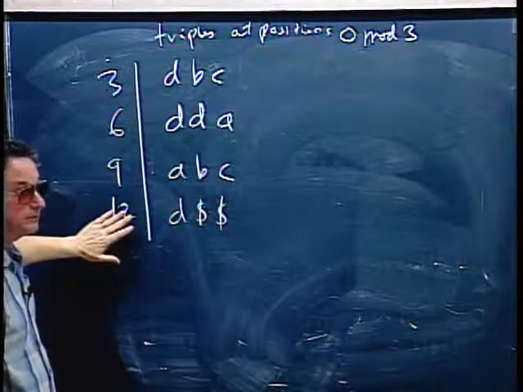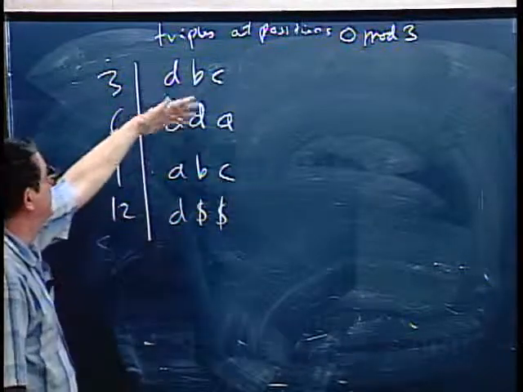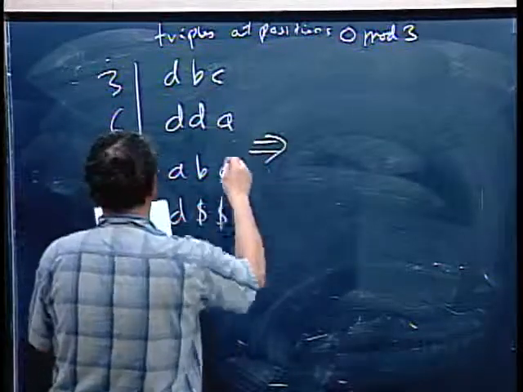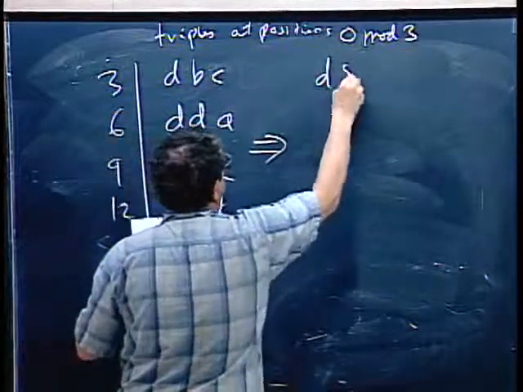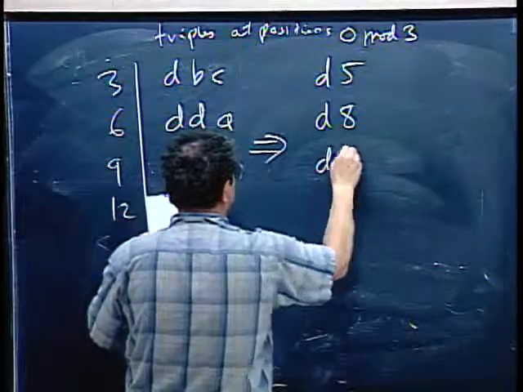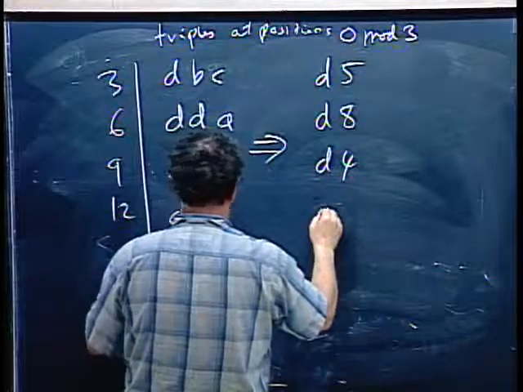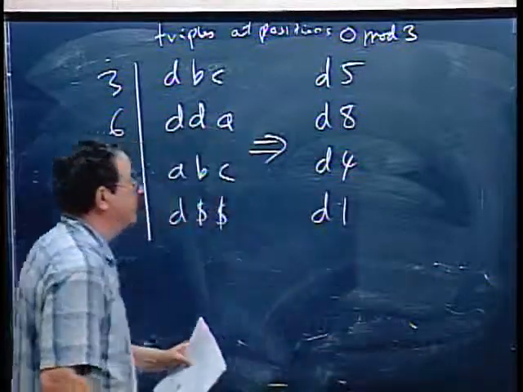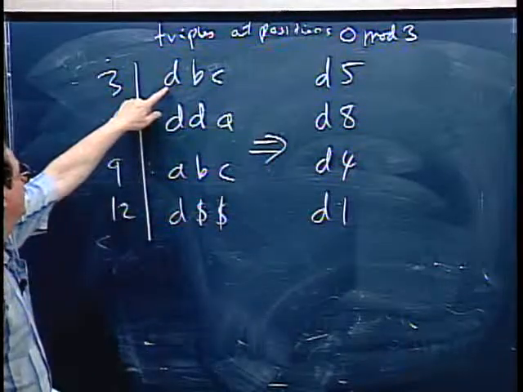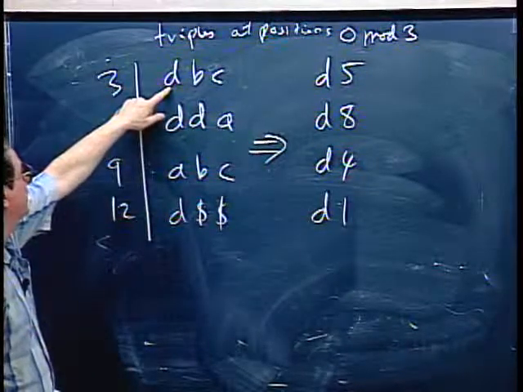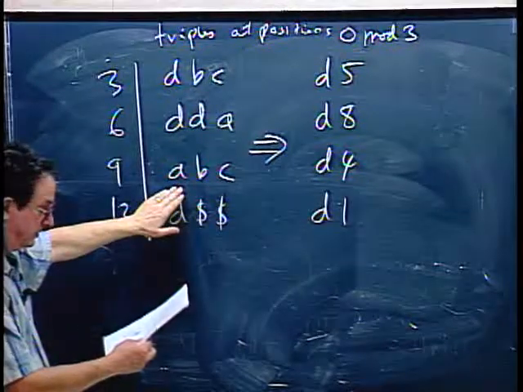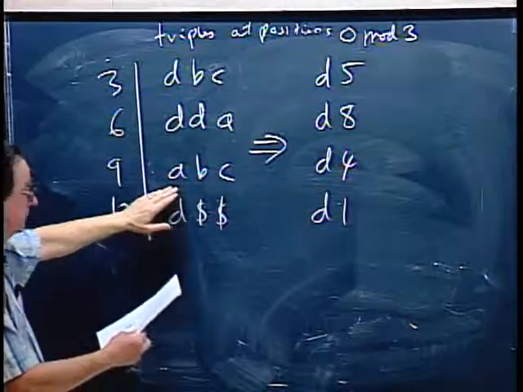We just look at the three positions there. I'm going to recast this as D5, D8, D4. It's unfortunate they're all Ds. That was a bad consequence of this example. All of the characters of position 0 mod 3. Wait a minute, this is an A. What happened?